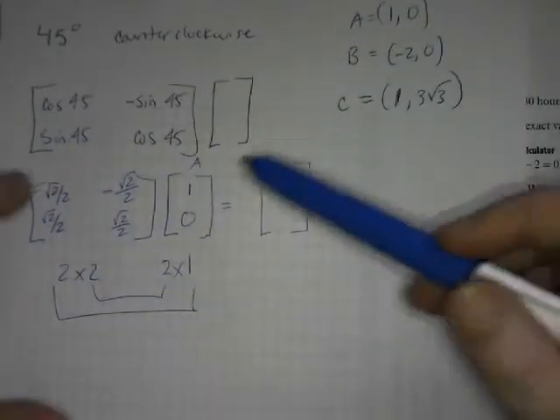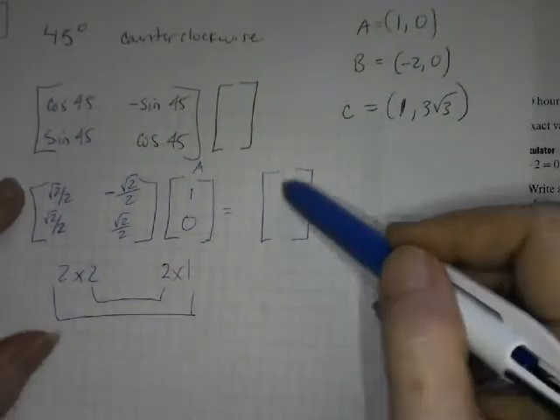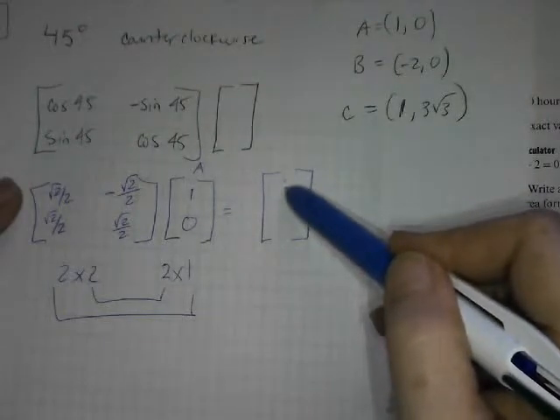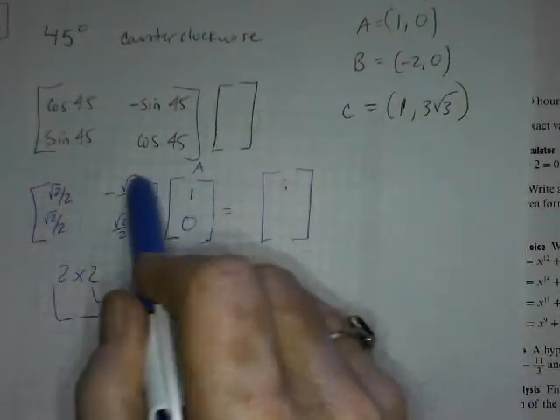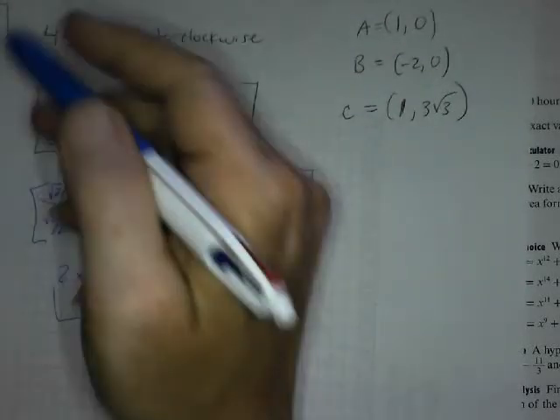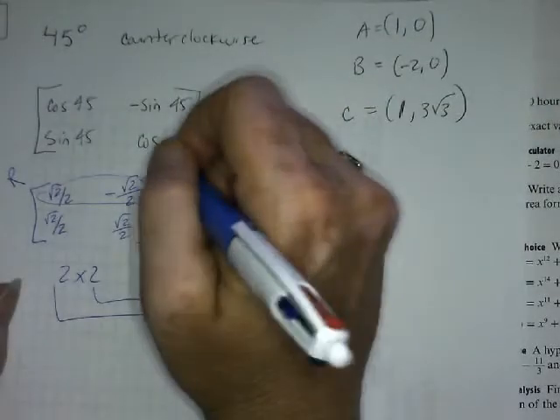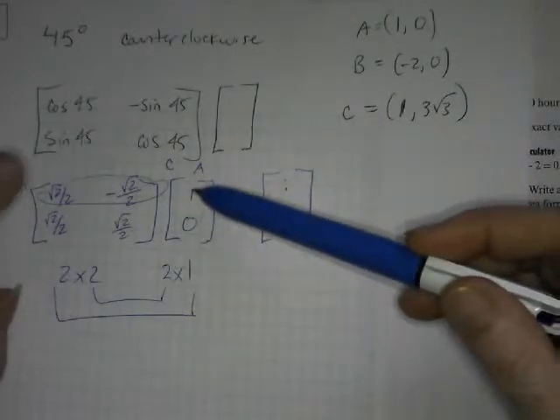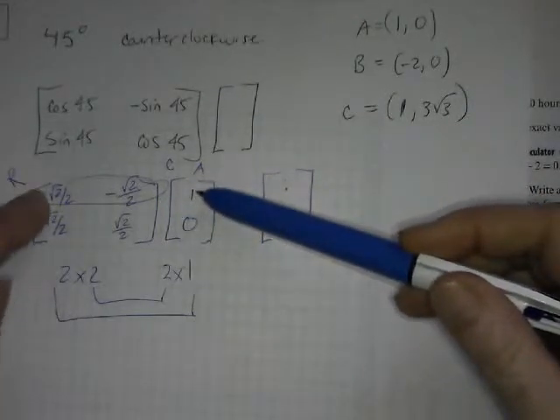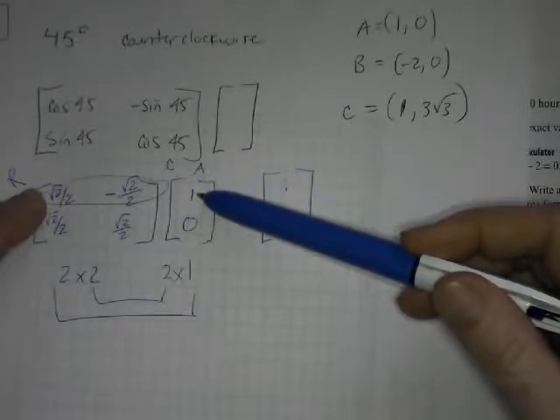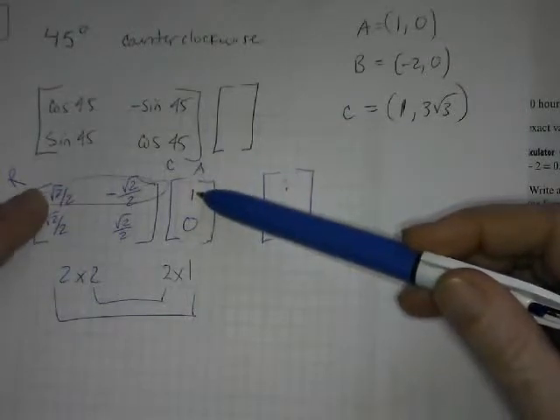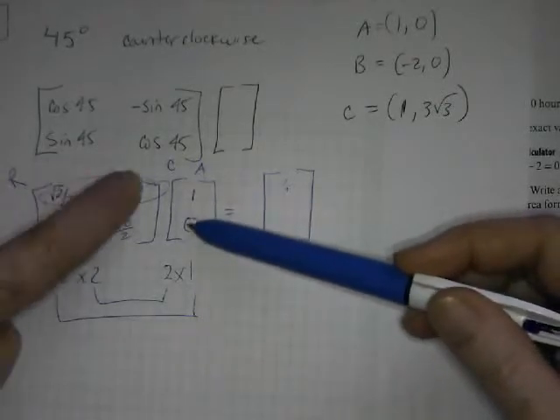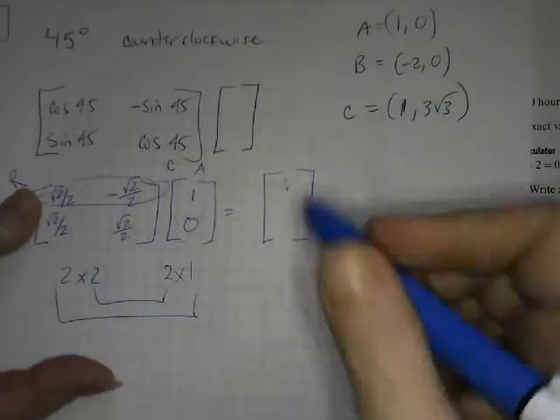So the way that we multiply is this position right here is first row, first column. So I'm going to take the first row of the first matrix, the row matrix, and the second one's the column matrix. And I'm going to go this times this, that's root 2 over 2 times 1, plus this times this. Well, guess what? That 0 zeroes this thing out, so it's just going to be root 2 over 2.